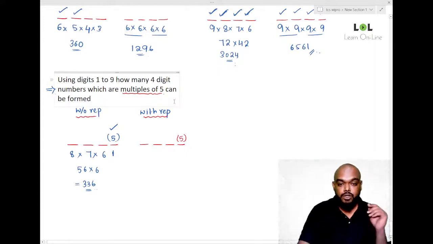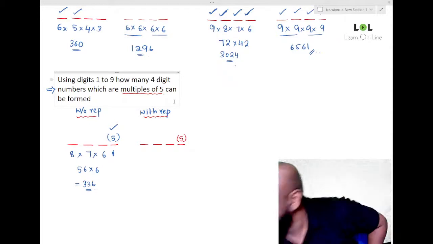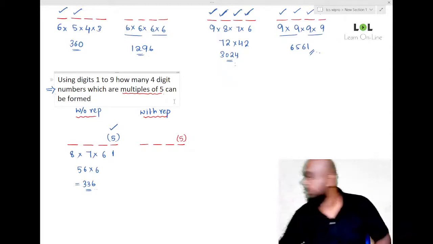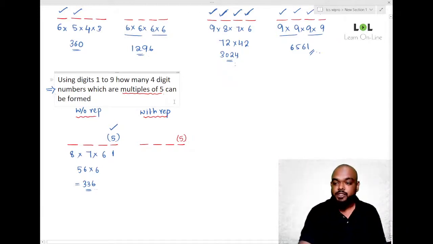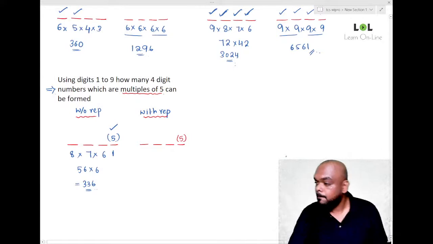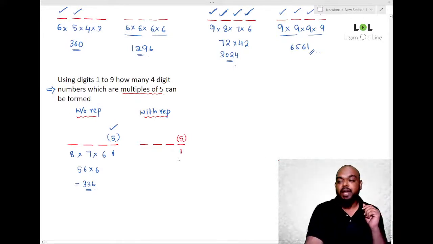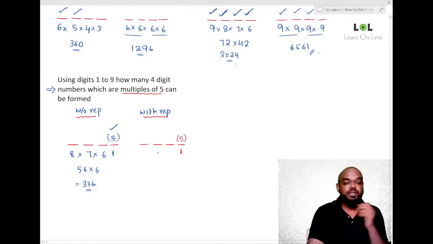I can fill the units place in how many ways? Only one way. This can be filled in only one way.